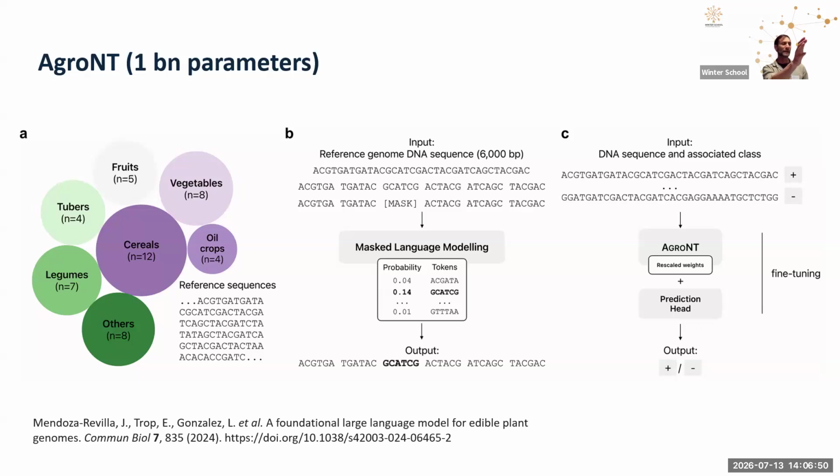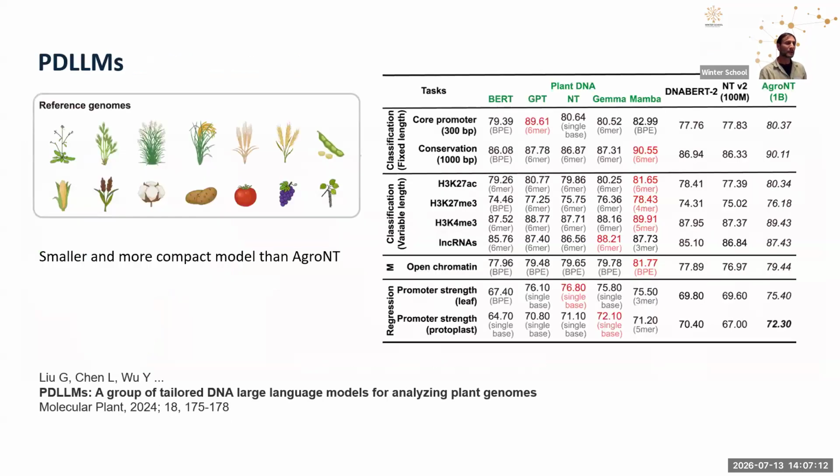In panel B, this is a figure from their paper, they show that whole masked training system. Then in panel C, they show that AgroNT can be fine-tuned, adding a new prediction head. It's got some rescaled weights and produces an output. Okay, so that's the whole process I've just been describing.